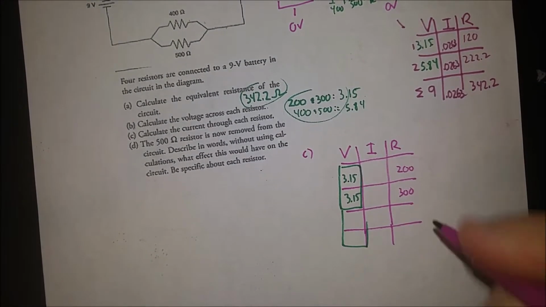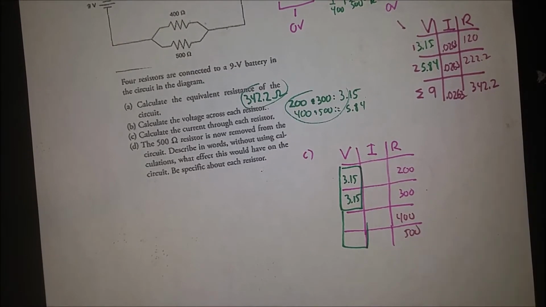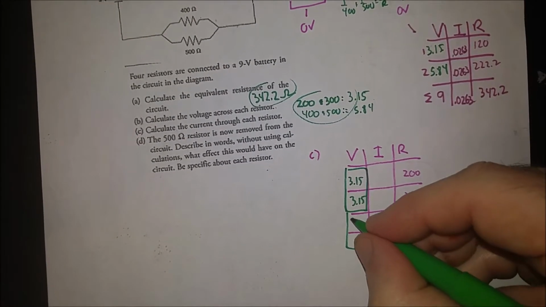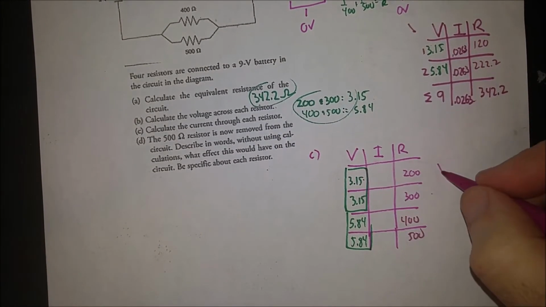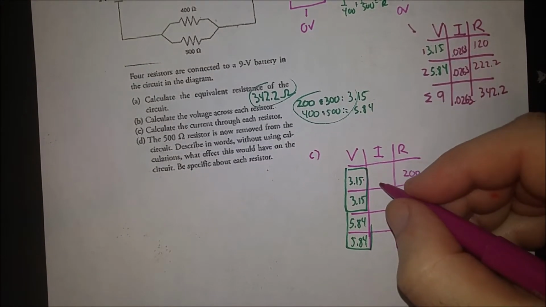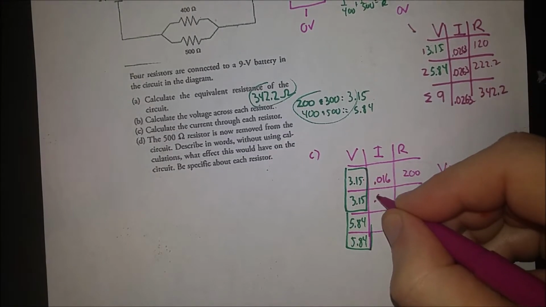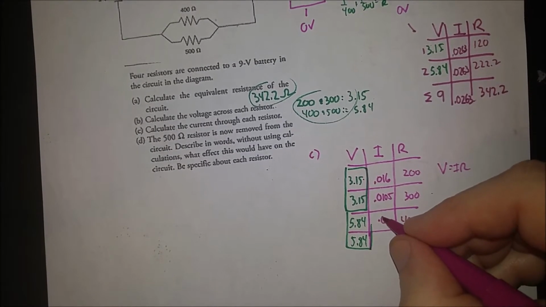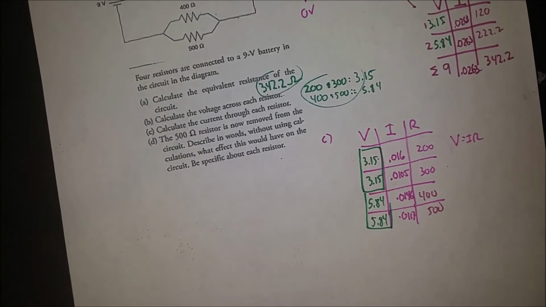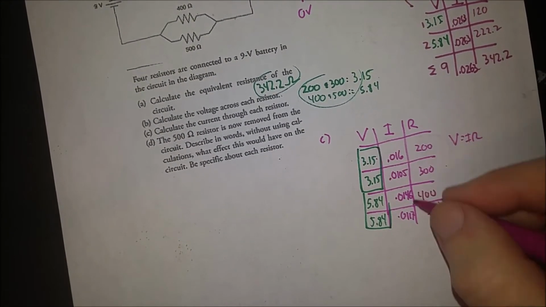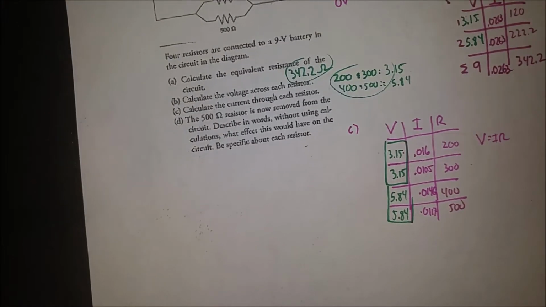The 400 and 500 share the same voltage as well because they're in parallel. So I'm going to do V equals IR. I'm going to solve the current for each. Now, if you add those two up, you should get 0.0263, which is what you do. So those are the currents for each one. We just found the current through each resistor.